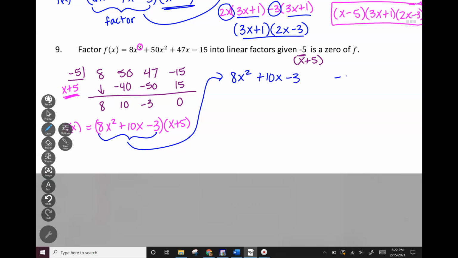So looking for two numbers that multiply to negative 24. Looks like 2 and 12 is going to do it to add to 10, so negative 2 and positive 12. Okay, I will group the first two. Group the last two, GCF for each group.